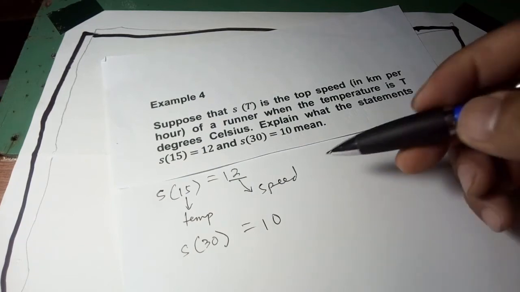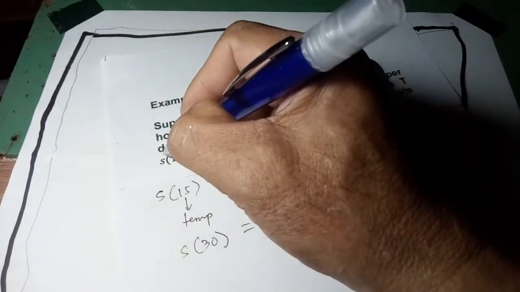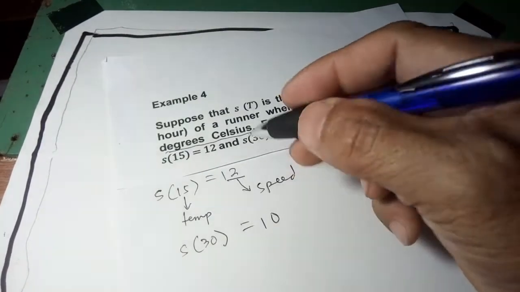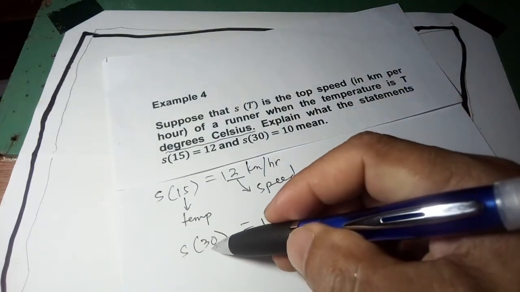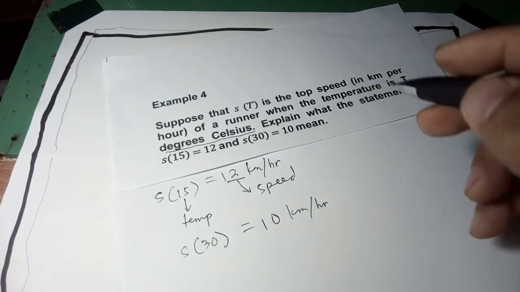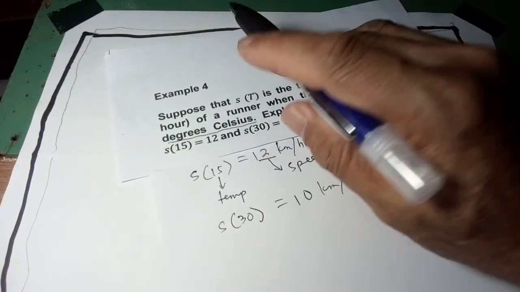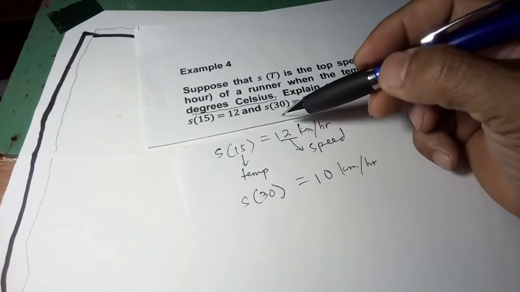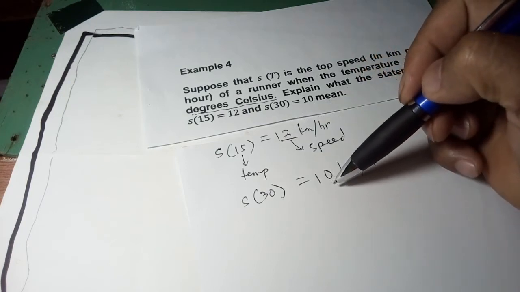So this means that when the temperature is 15 degrees Celsius, the speed is 12 kilometers per hour. When the temperature is 30 degrees Celsius, the speed is 10 kilometers per hour. So this means that as the temperature increases from 15 to 30 degrees Celsius, the speed decreases from 12 kilometers per hour to 10 kilometers per hour.